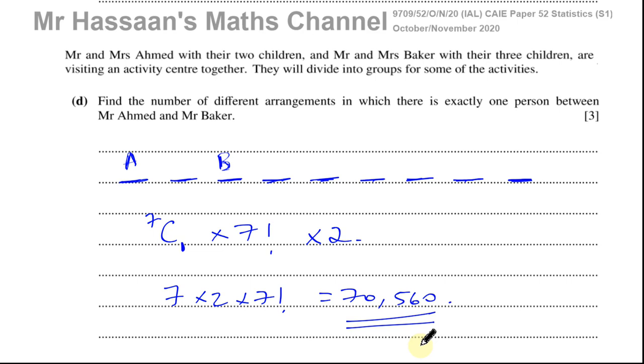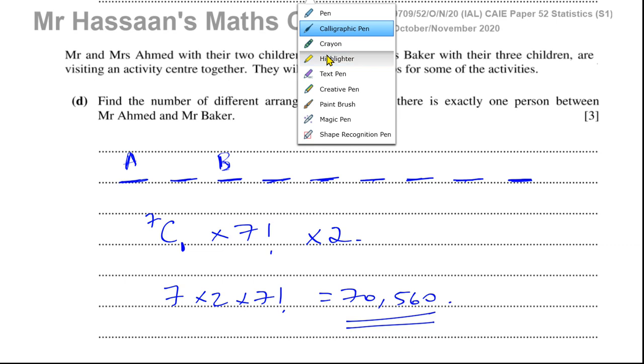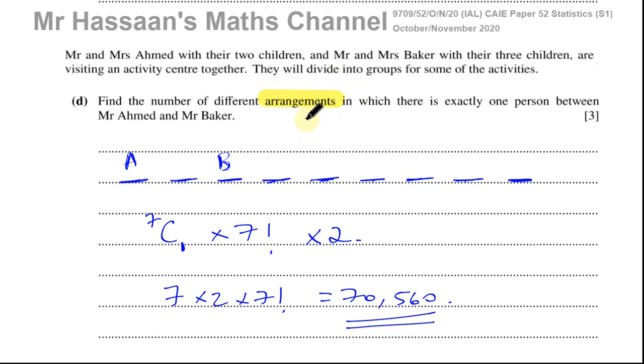It's one of those topics which is a bit confusing, and you have to do lots and lots of practice looking at different examples, scenarios and types of questions. You have to be careful about the words. Here we had arrangements, so we use permutations. If it says selection, then we don't arrange them, so we use combinations, and so on.